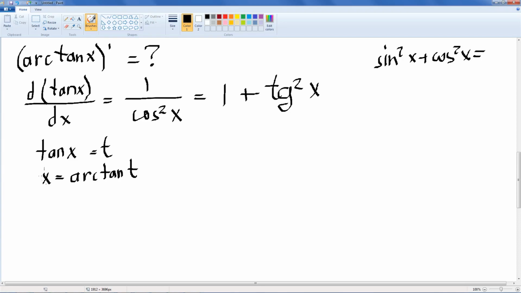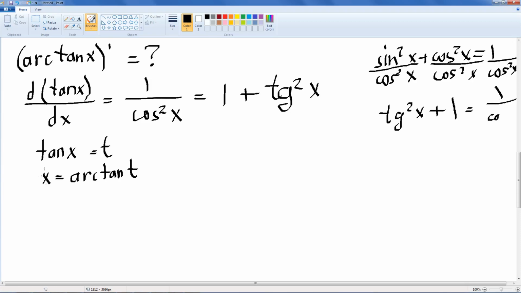If you divide each term by cosine squared x, here you get tangent x squared, here you get 1, and here you get 1 over cosine squared x. Okay, so this is just a little proof.